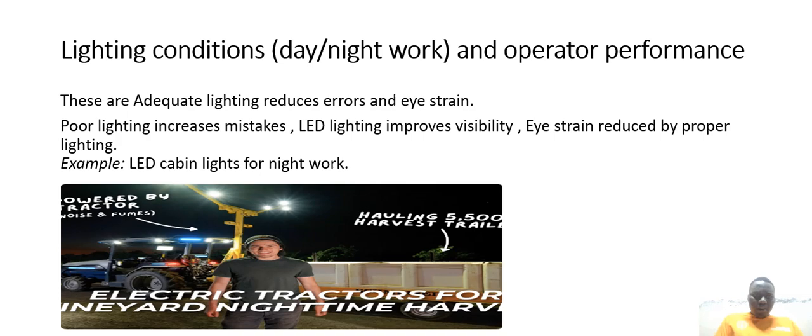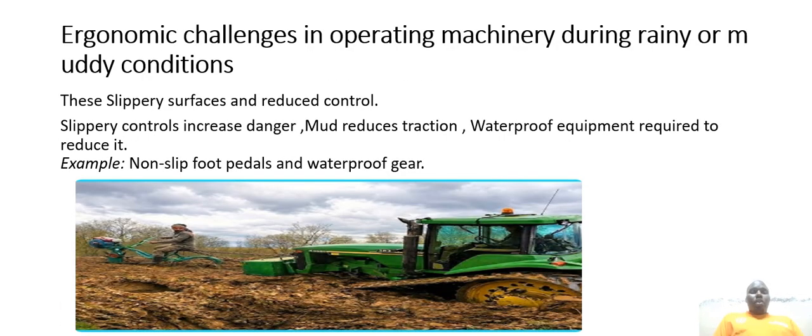So let me continue with another topic of today, which is called ergonomic challenges in operating machinery during rainy or muddy conditions. The operator can work on the mud, ibyondo in Kinyarwanda, and can work in the rain.